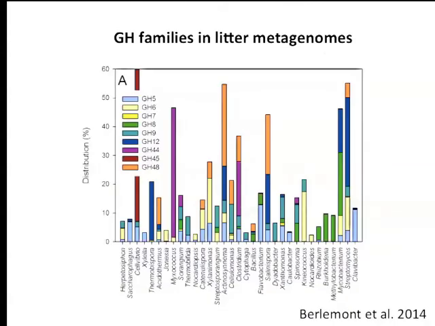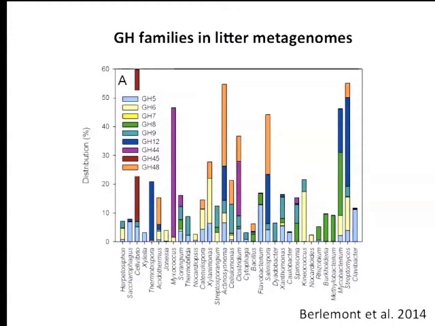Okay, and it looks like this is also the case in our communities, in the sense that if you know about the taxonomic composition of the bacteria in your sample, we think we know something about the glycoside hydrolases in the sample.